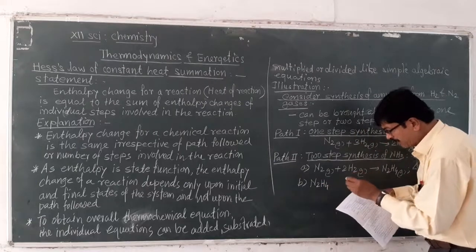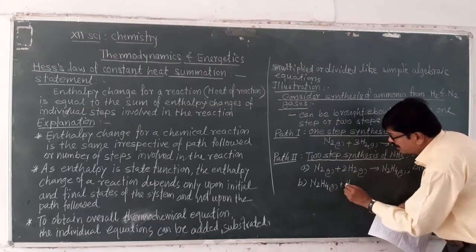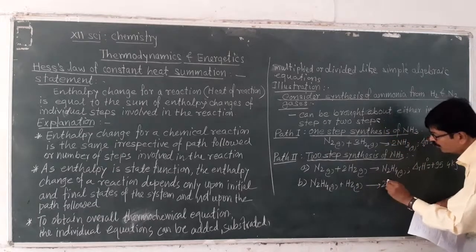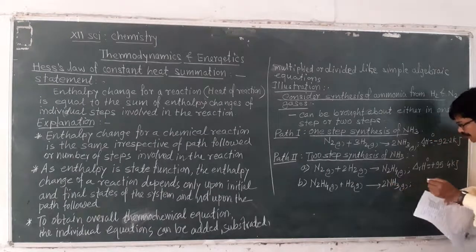Then in the second step, nitrogen hydride gas is treated with excess of hydrogen to give ammonia gas. This is the second step.